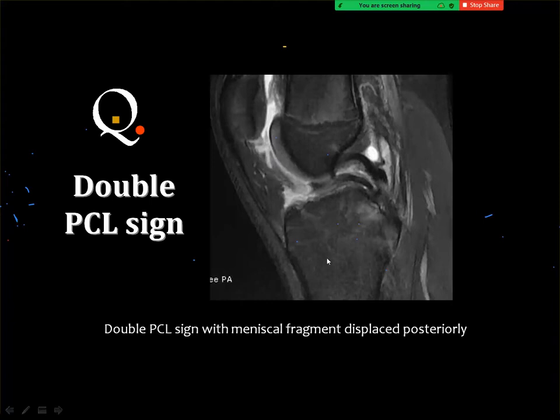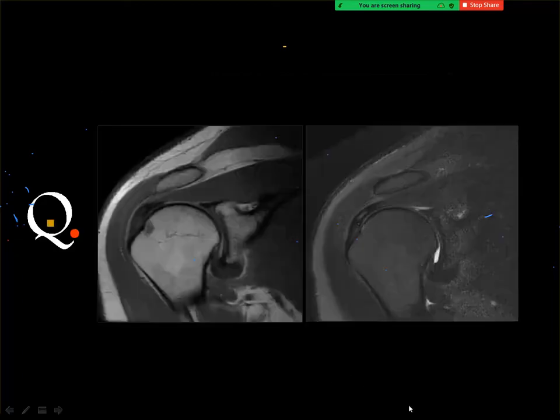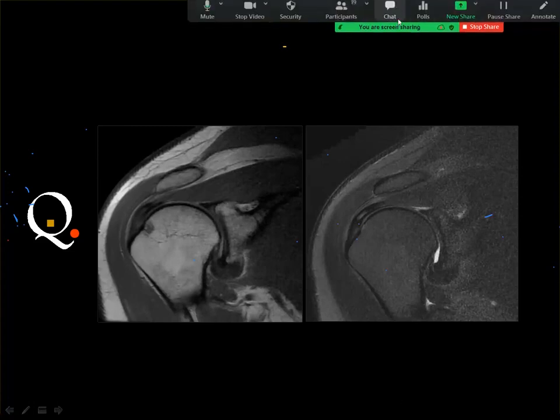And sometimes many candidates, whenever they see a case of mucoid degeneration of the ACL, say in the answer that this is ligamentum mucosum sign. But this is not the right answer, of course. The answer is mucoid degeneration in the example, and in this case, bucket handle tear. Next case.